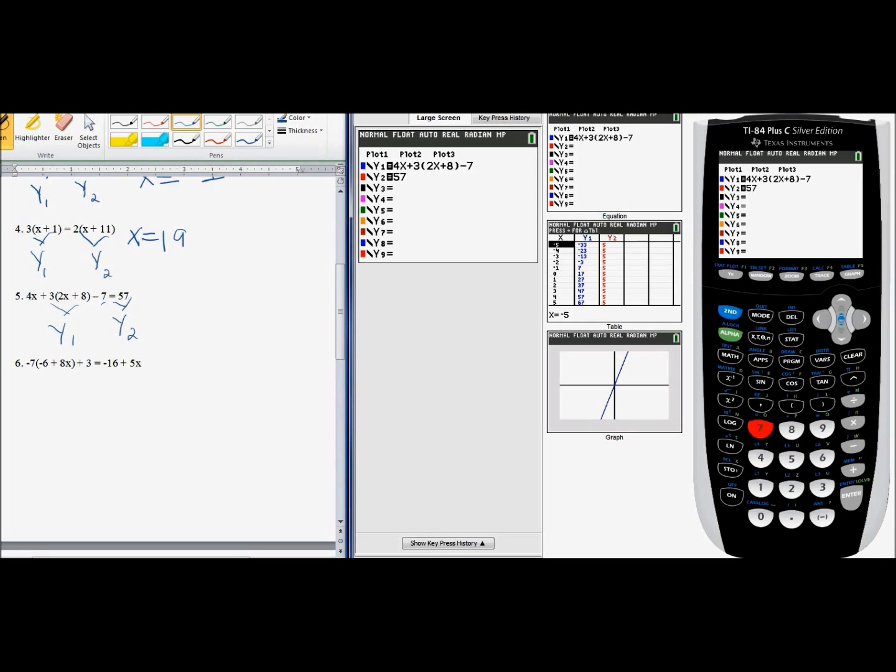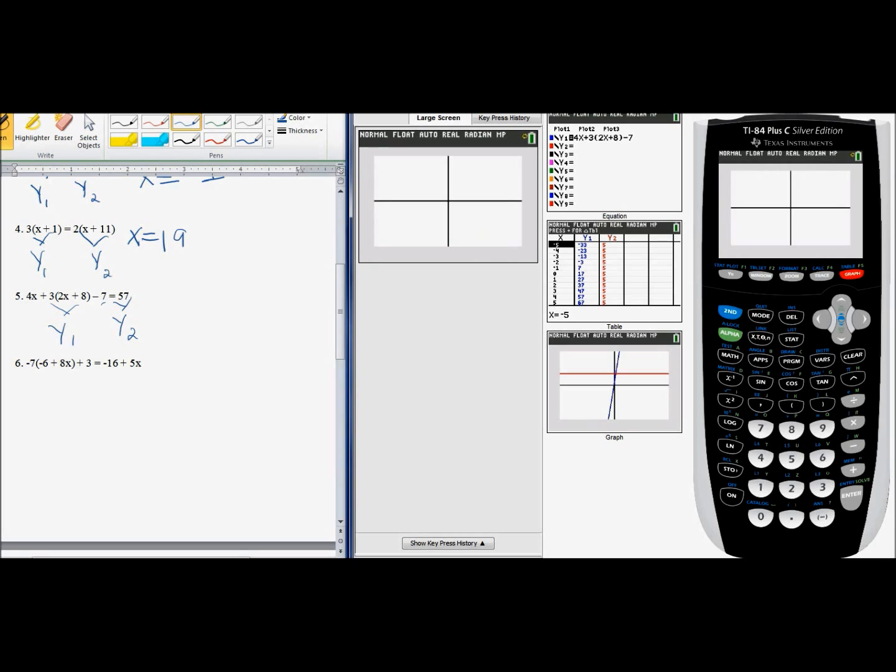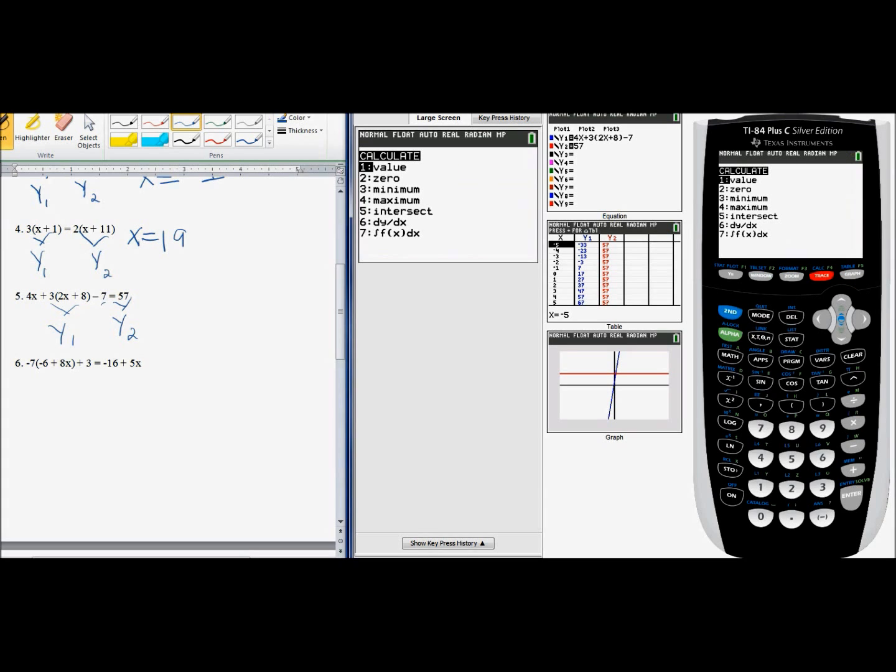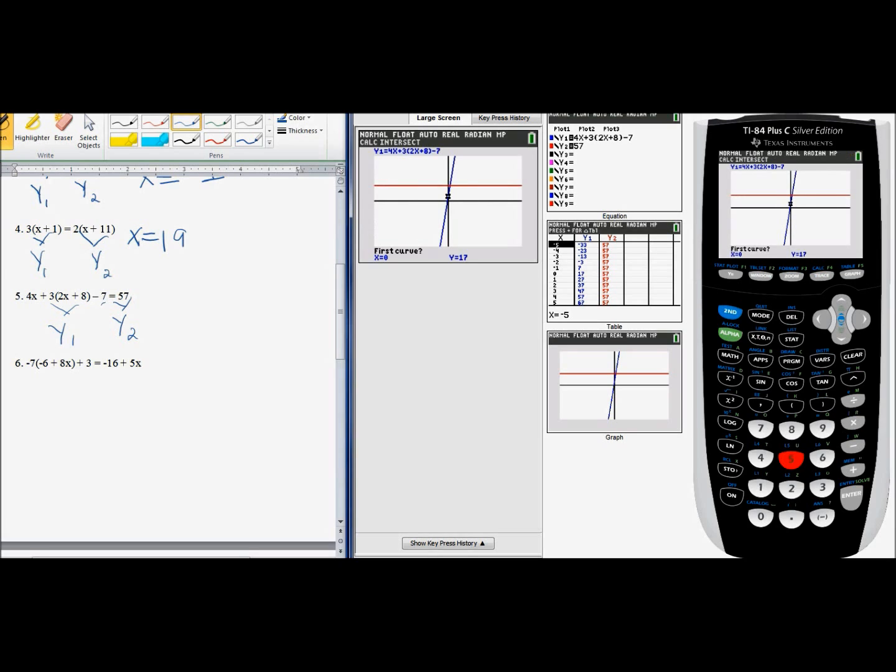Okay, go to my graph. Let it draw my picture. Now I'm ready to calculate the intersection, and I'll hit enter 3 times. And here I'll get that x is equal to 4.